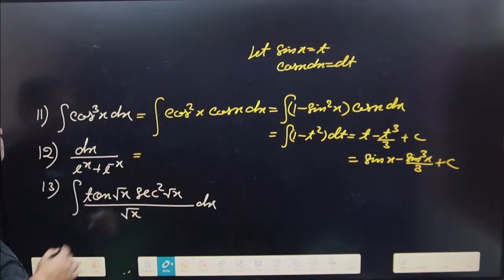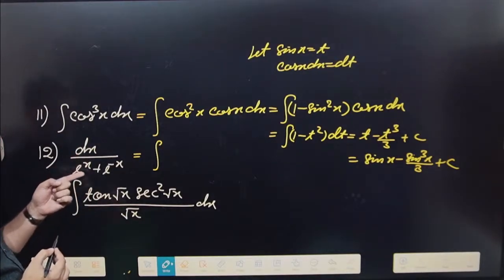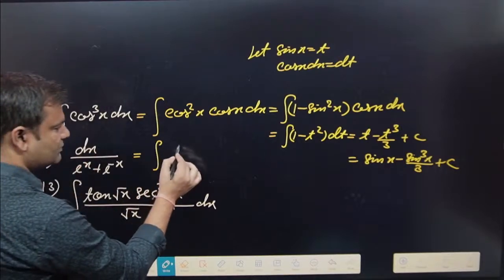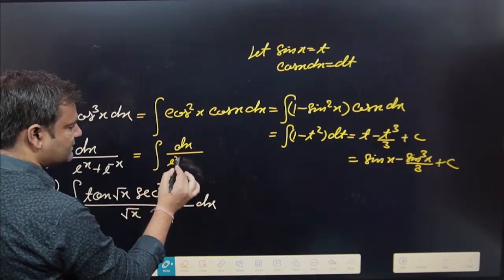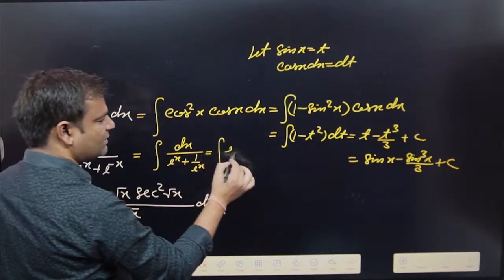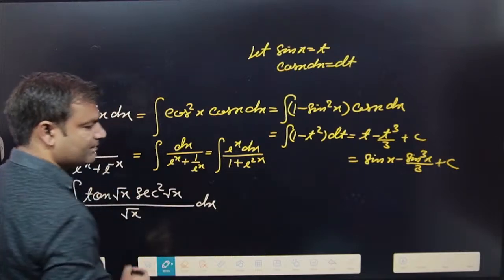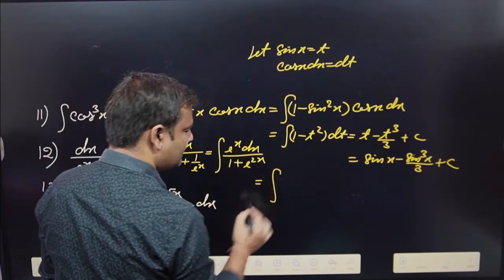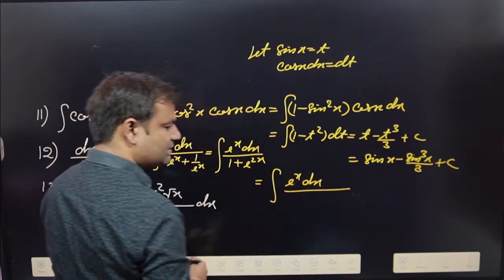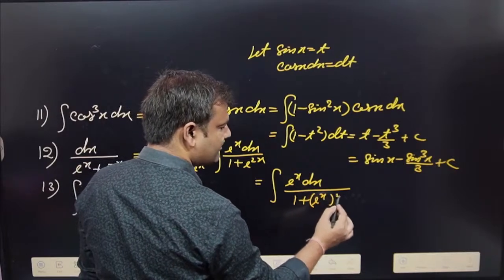Now question number 12. Here dx divided by e to power x plus e to power minus x. So this is written as e to power x plus 1 upon e to power x. If we take the LCM, then we get e to power x dx divided by 1 plus e to power 2x, and after that it is written as e to power x dx divided by 1 plus e to power x to the whole square.